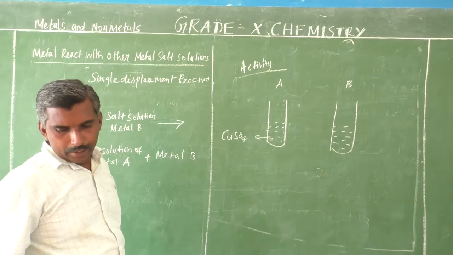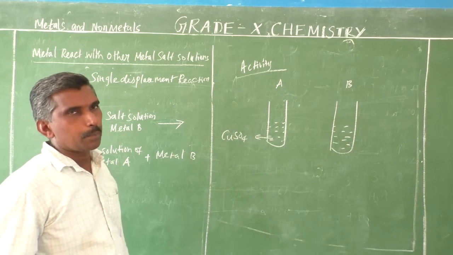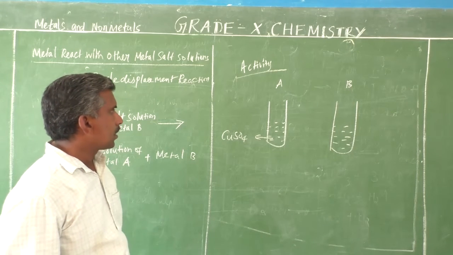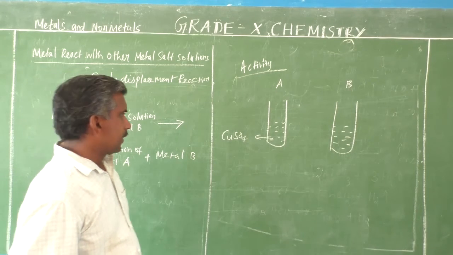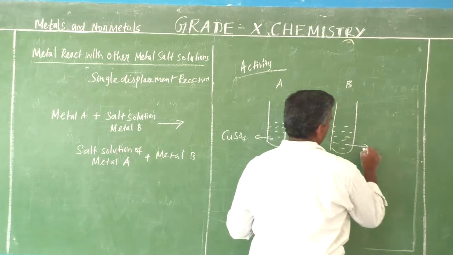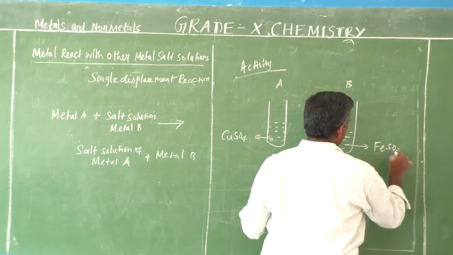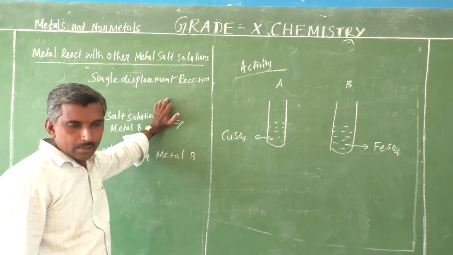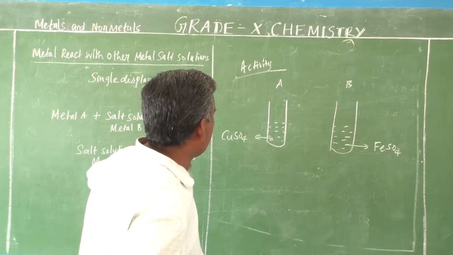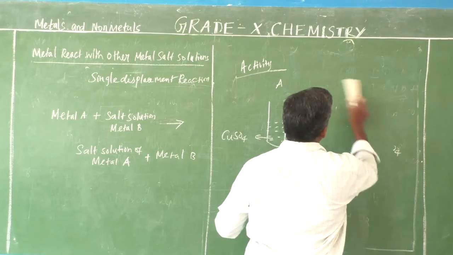In test tube B, put ferrous sulfate solution. Is it not there in the textbook? Okay, do it anyway.